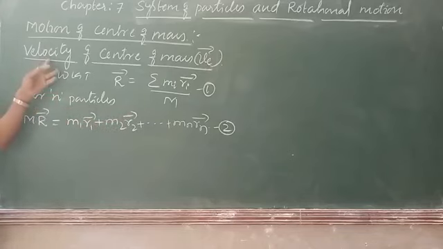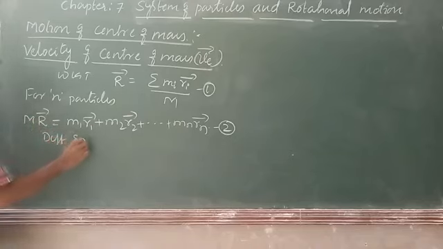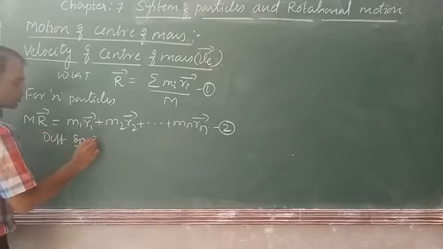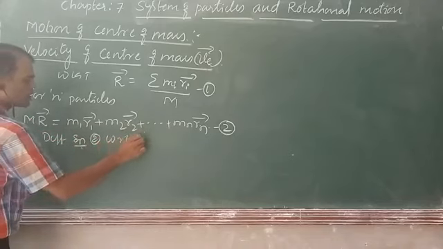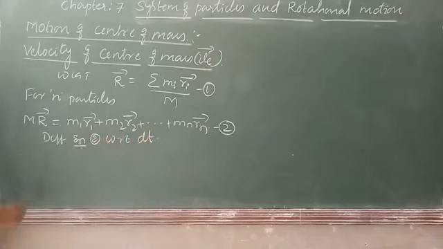Now we want to know the velocity of the center of mass. The velocity of the center of mass is obtained by differentiating equation 2 with respect to t.